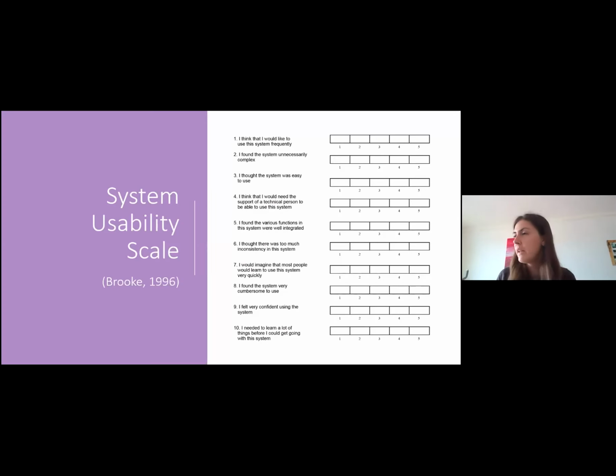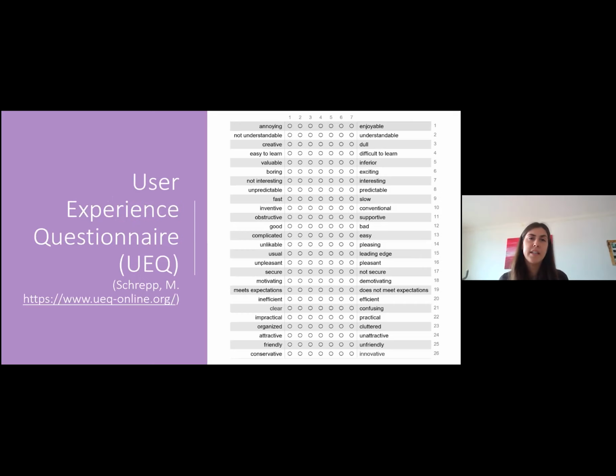The system usability scale is a 10-item scale, which was defined by Brooke, and it's a questionnaire where you can evaluate user satisfaction easily and also compare it with a value if the tool is easy to use or not. The second one is more detailed.